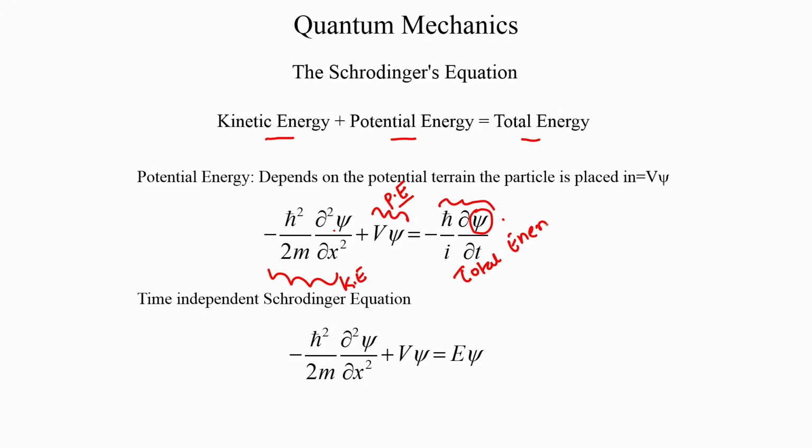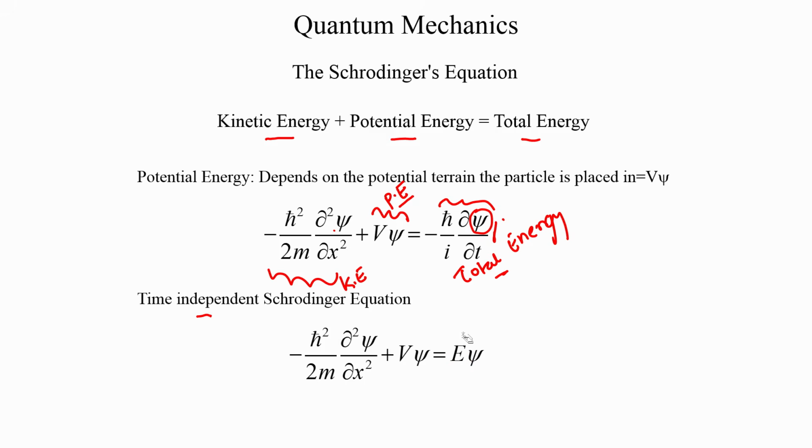So, this is the total energy. Now, in this definition we find that this is a time dependent Schrodinger's equation, because the total energy has got a derivative of the wave function with respect to time. But it is also possible to study the time independent Schrodinger's equation. So, for example, if we want wave functions or solutions that describe the stationary states, okay, you can solve something called a time independent Schrodinger's equation, in which case the total energy is simply treated as a constant.